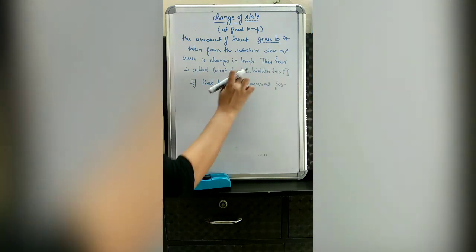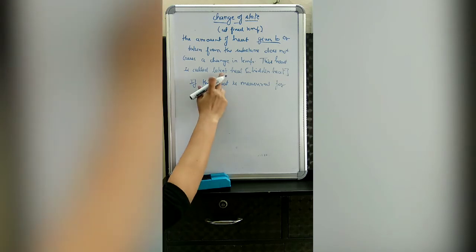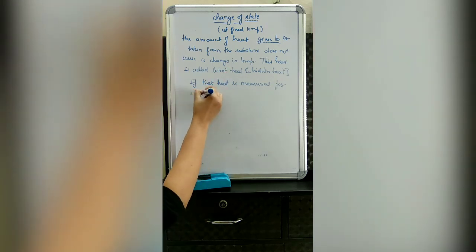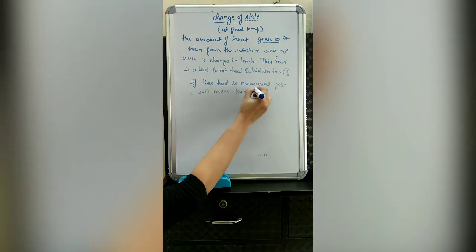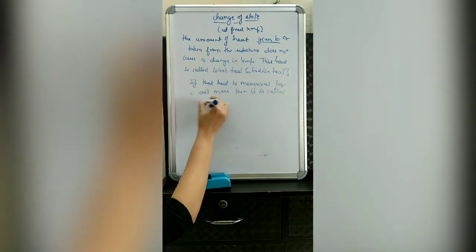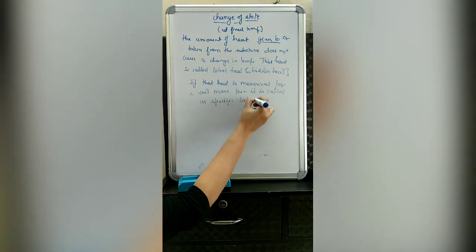this latent heat we can measure for any amount of mass, but if we measure that heat for a unit mass, then it is called specific latent heat. Why specific?